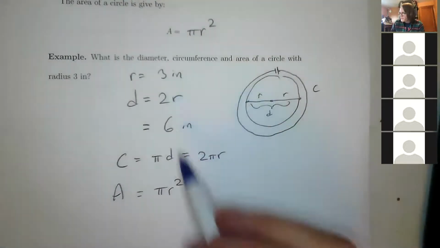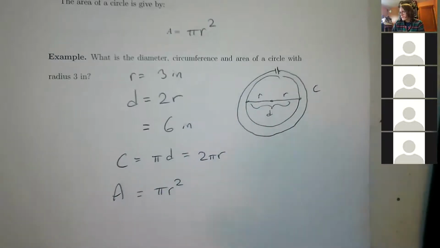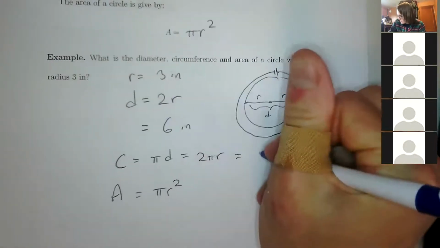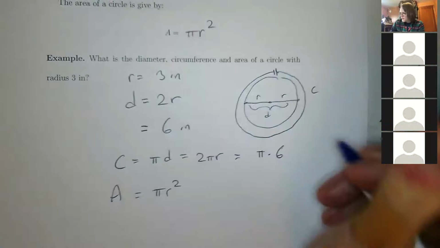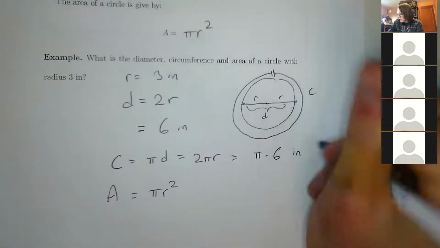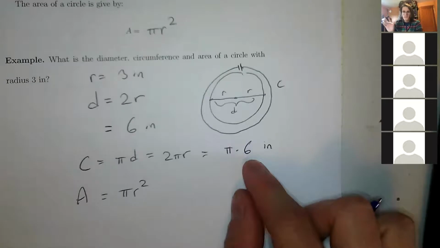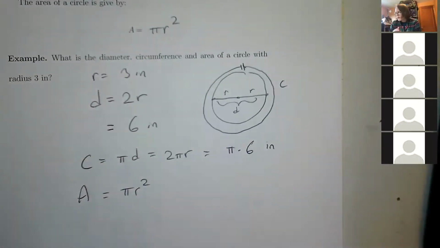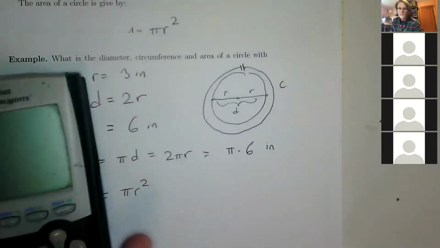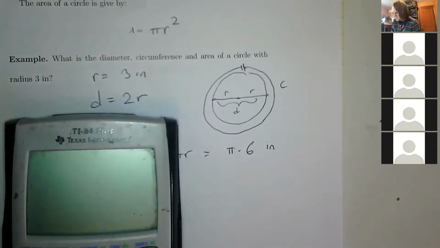So if my diameter is 6, then my circumference is 6 times pi, or pi times 6, and it's inches as well. And as I said, you could leave it like that once everything's plugged in. Pi is a number, not a variable. So when I say everything's plugged in, all of the variables are plugged in, because pi is a number. But if you wanted something more explicit, you can also do that.